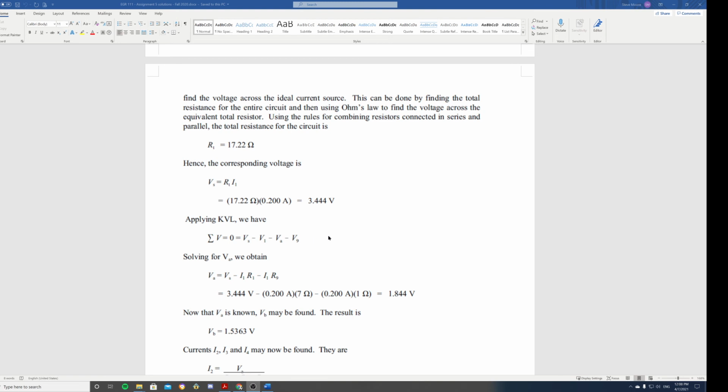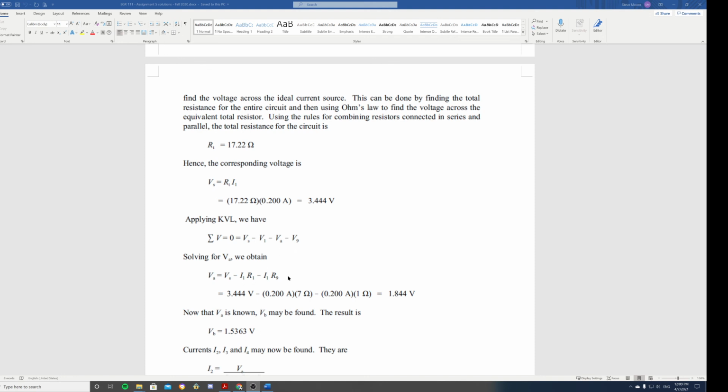Okay. Now we'll write those to solve for VA. Pull VA over here. And we know what VS is. And we also know what I1 is. I1 is essentially just the current coming out of that source, right? So the voltage drop across R1, the 7 ohm resistor, is just going to be the current going through it times its resistance.